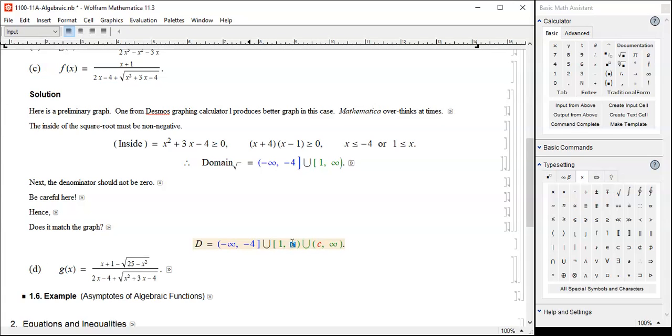That's where the vertical asymptote is taking place. So this one gives me these two intervals, left, right, but this one is all set.